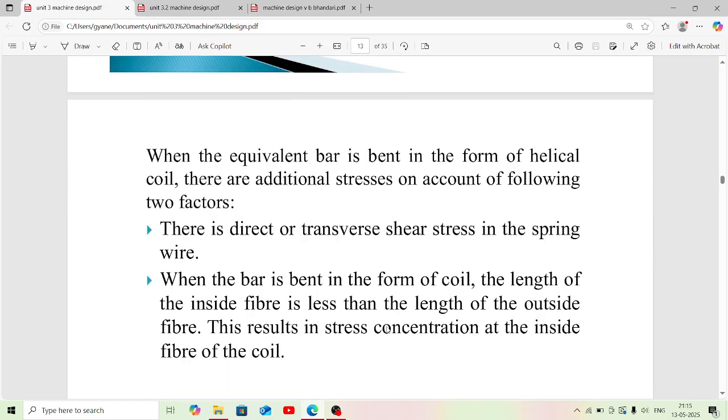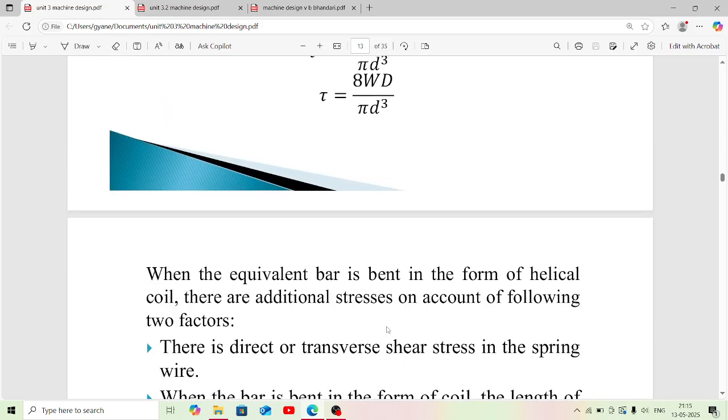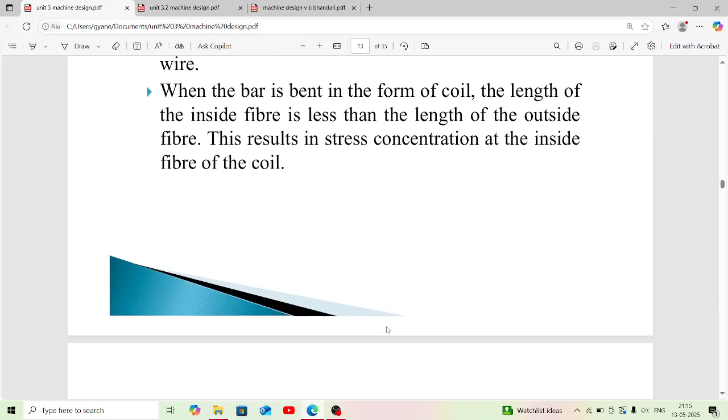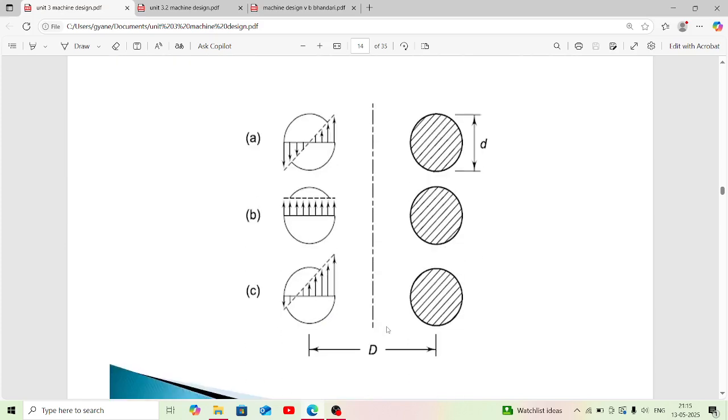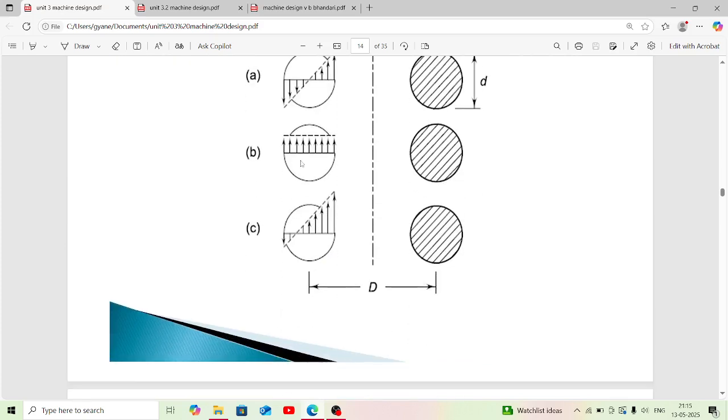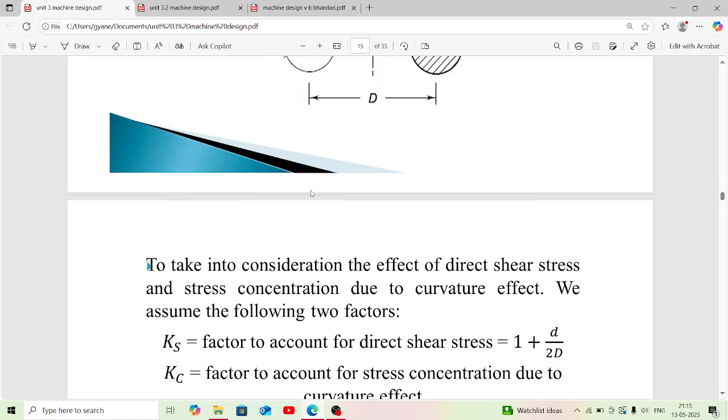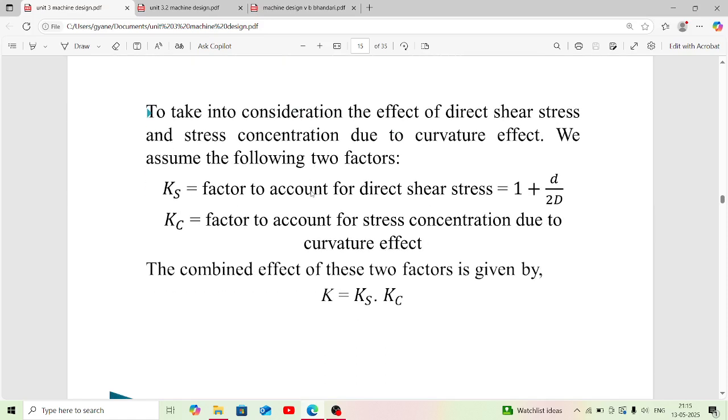Because if a member is straight, then we can apply the torsion equation, so first we straighten the spring, and after that we apply the torsion equation. See the variation for direct load and for different load. We have covered this in an earlier class, so we are only recapitulating.